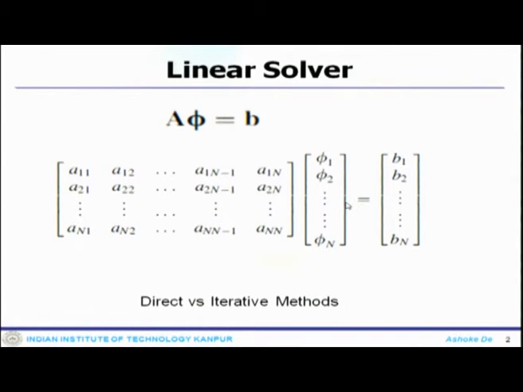Now, once we are done with the gradient calculation, from the diffusion equation discretization you obtain a matrix of an order like this.